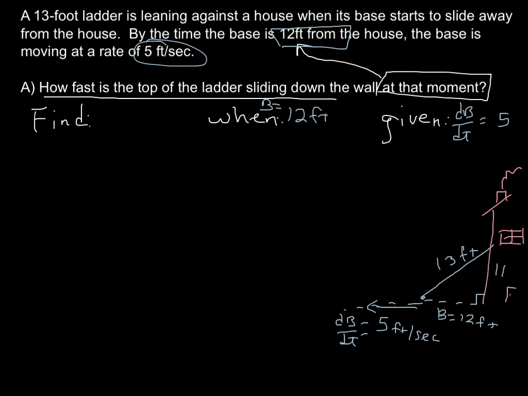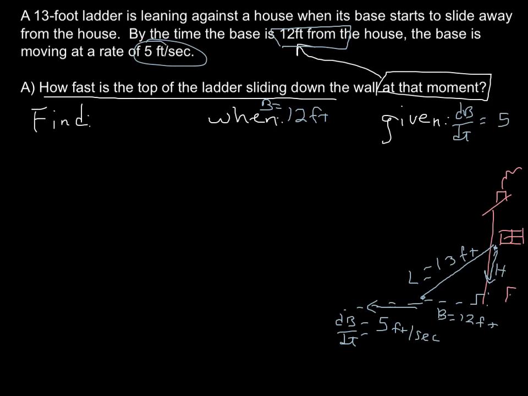I'm going to call the height that the top of the ladder is along the house H, and I'm going to call the length of the ladder itself L. So what we don't know is the height of the ladder, and we don't know the rate at which it will be sliding down, because as the ladder gets pulled out away from the house, the top of the ladder is going to slide down the house. So we have some things missing, but we'll fill those in.